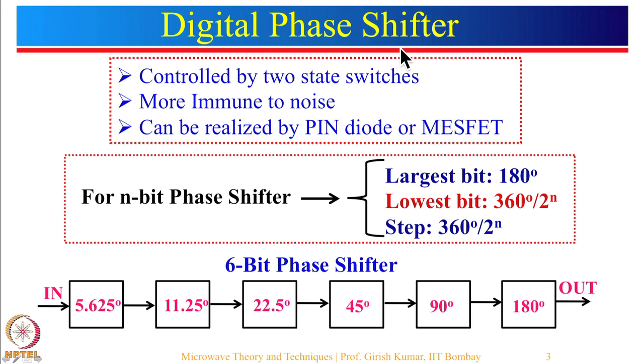Now, let us talk about the digital phase shifter. Basically, a digital phase shifter is controlled by 2 states of switches. It can be on switch or off switch. So, digital phase shifters are more immune to noise. The reason for that is that these are defined in terms of logic 0 and 1. Let us take an example of a TTL configuration, which is defined by 0 volt and 5 volt. However, logic 0 is defined for 0 to 1.5 volt or maybe 0 to 2 volt, whereas logic 1 may be defined from 3 to 3.5 volt up to 5 volt.